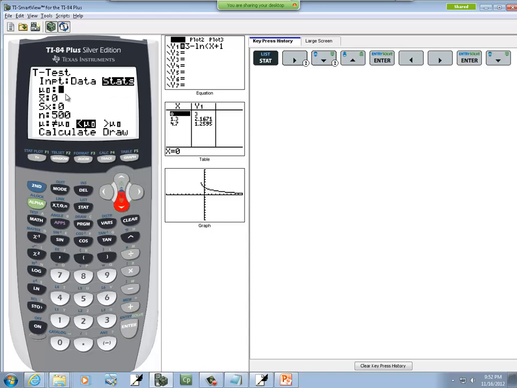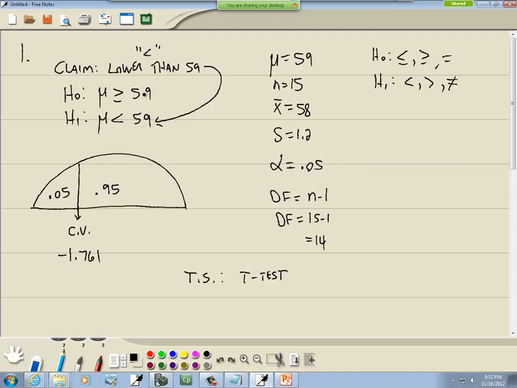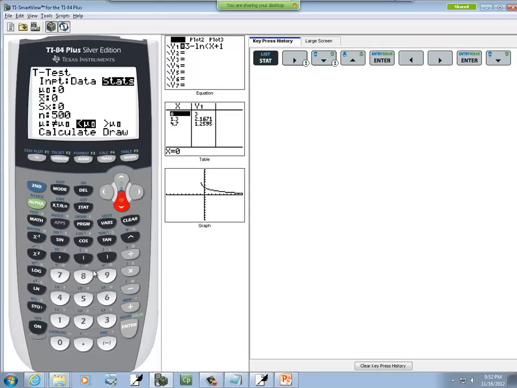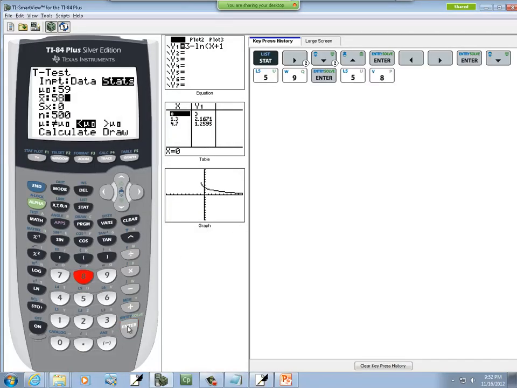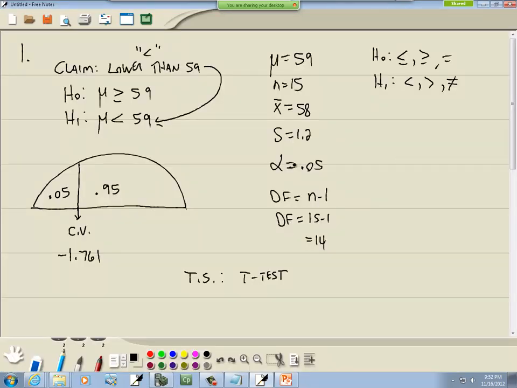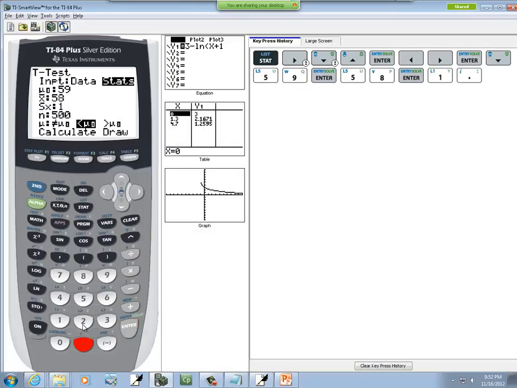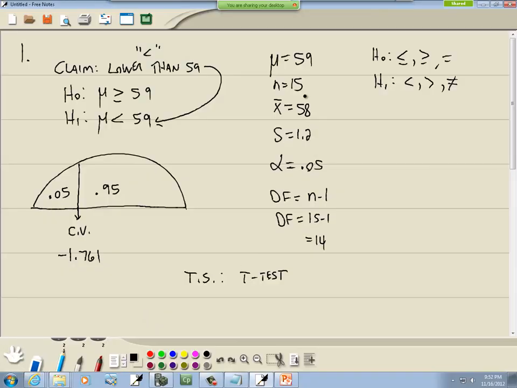Now mu naught is always going to be the number off of our claim, which is 59. So I type in 59. X bar we said was 58. S is 1.2. N was 15.